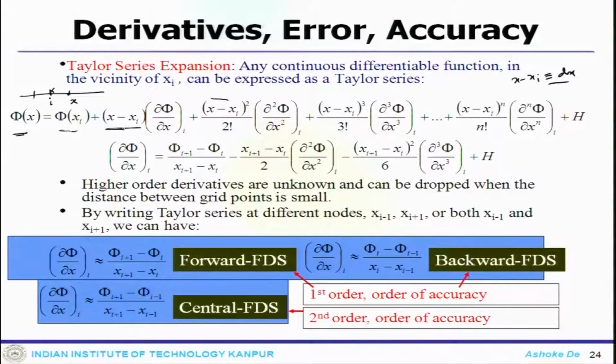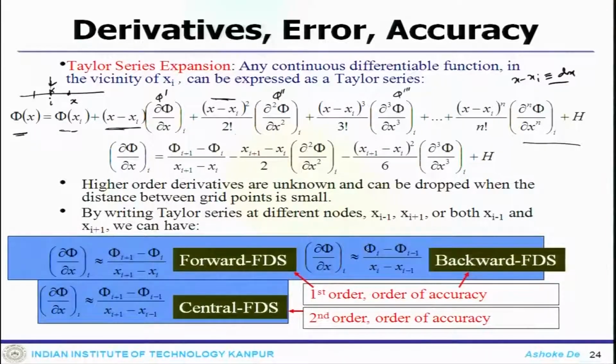the distance between the points with first derivative evaluated at I, distance square over factorial 2 with second derivative at I, distance cube with third derivative, and the higher order derivatives.